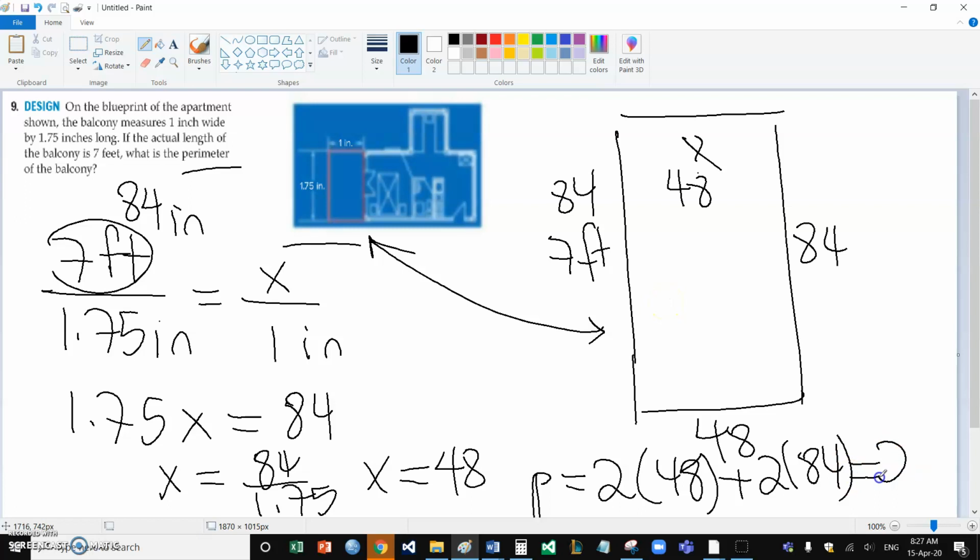So the answer is 264 inches. Alright? And that's it for this example, and that's it for this video. So what we learned today is that when you have two similar polygons, all the corresponding sides are proportional, and the perimeters of the two polygons are proportional to the same scale factor as that of the sides.